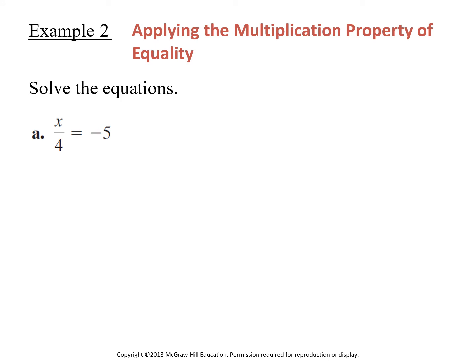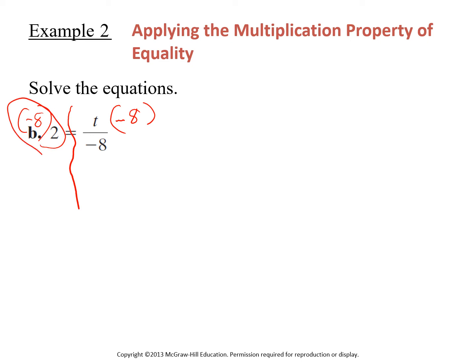Okay, here I have x divided by 4 equals negative 5. So again, they divide by 4, we multiply by 4, and x equals negative 20. Okay, so here I have 2 equals t divided by negative 8. And since they're dividing by negative 8, I will multiply both sides of this equation by negative 8, and negative 8 times 2 is negative 16 equals t.